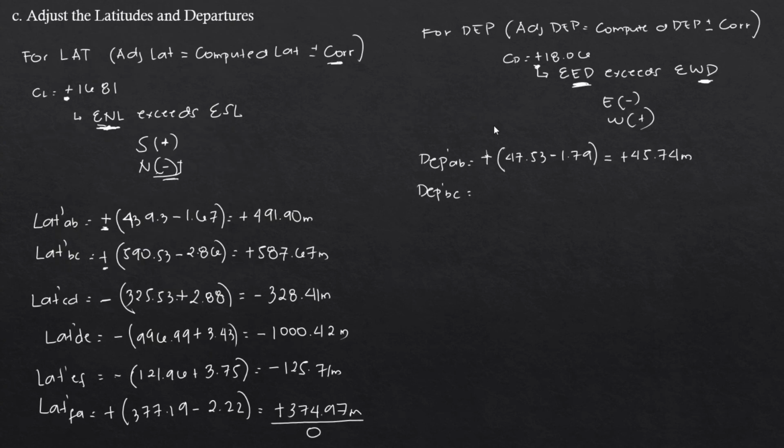Okay, so meron tayong positive 612.23 minus, kasi nag-exceed siya, sumobra kaya babawasan, 3.08. So, ilan to? Positive 609.15 meters.